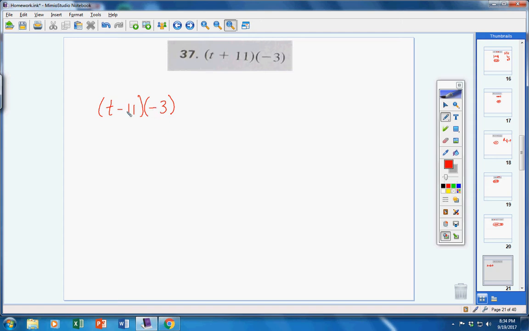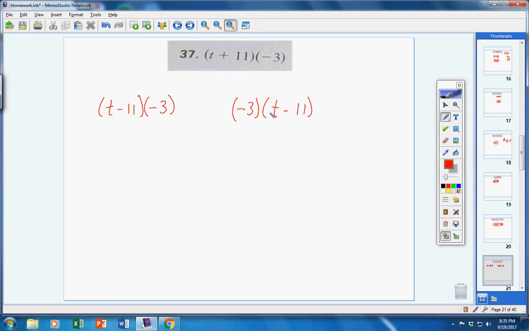So you have two parentheses side by side, which does mean multiply. Now for me, I like to move the number to the left. It's just easier for me, but you don't have to do that if you don't want to. Okay? So here we go.